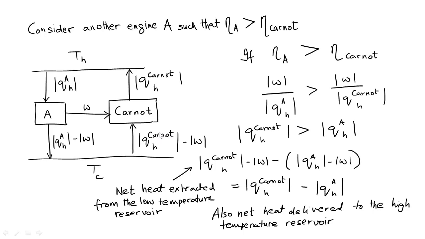The first point is that it is perfectly possible for an engine to have a lower efficiency than the Carnot engine. Please check for yourself what is the net heat flow in the present setup if A has a lower efficiency than the Carnot engine.